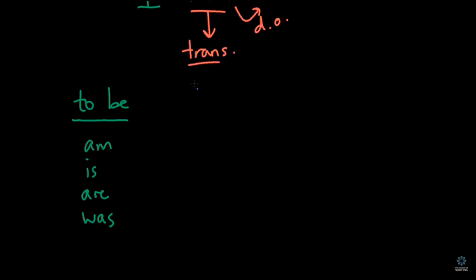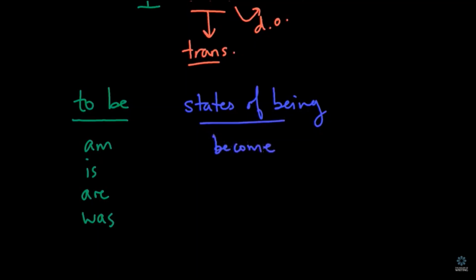The second category consists of verbs that have to do with states of being. We'll just list a few of these here. If I say I become, you can see that it's still a kind of equals sign, but in this case we're talking about a process, a state of change, but there's still that kind of equation going on.